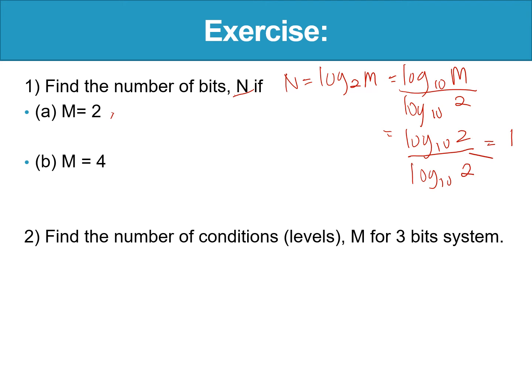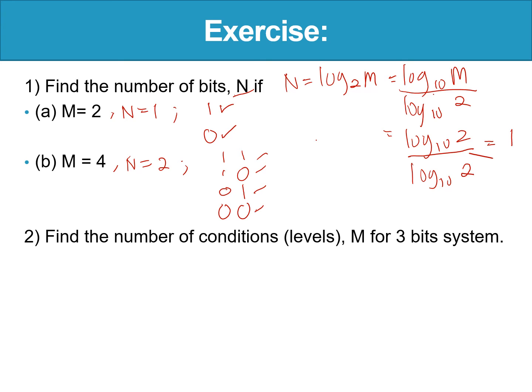So for M equals 2, the number N is 1, meaning we have 0 and 1 bit, level 1 and level 2. For M equals 4, N is equal to 2, and here is the combination: 00, 01, 10, 11. So levels 1, 2, 3, 4.